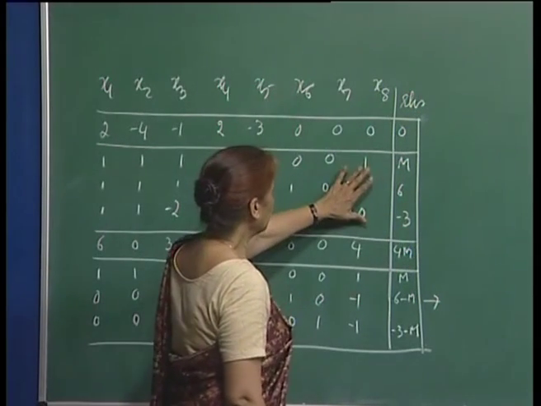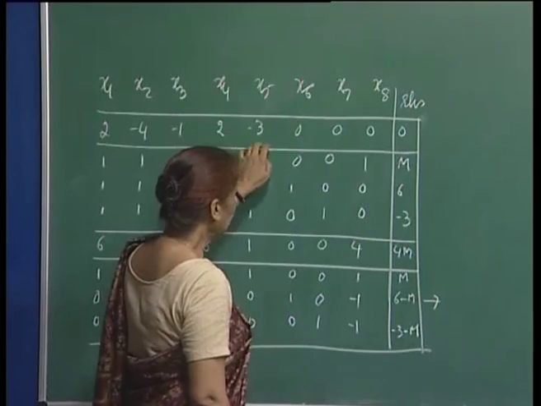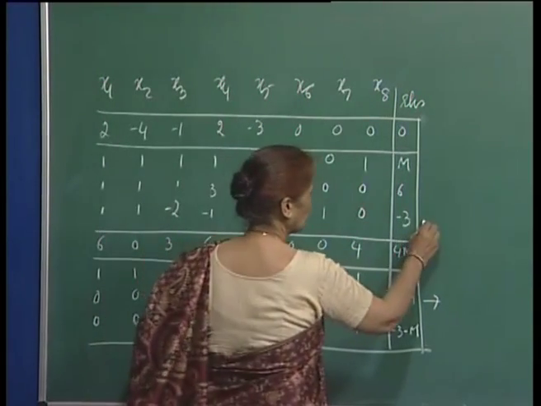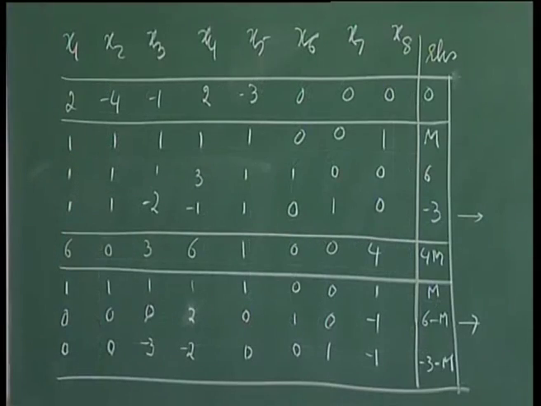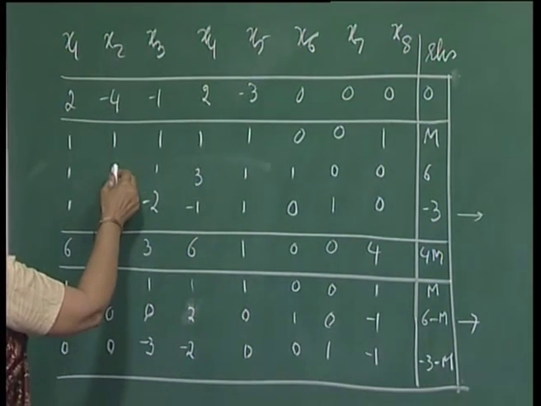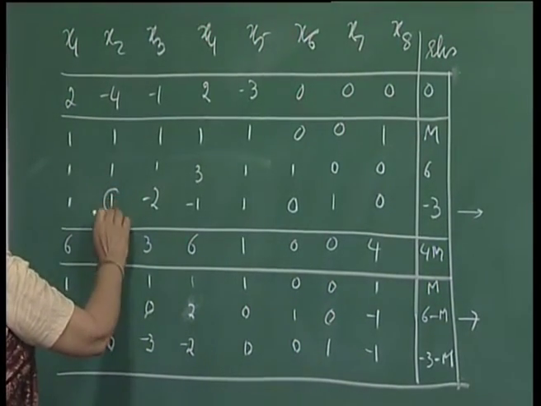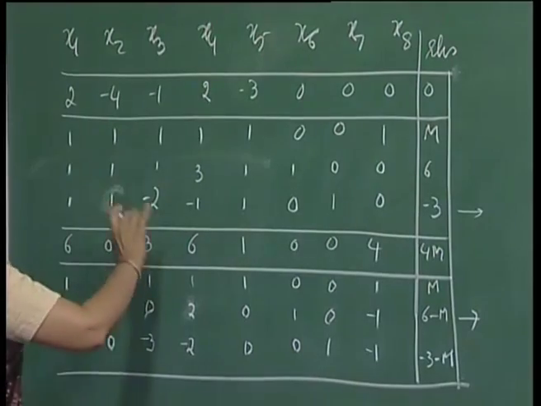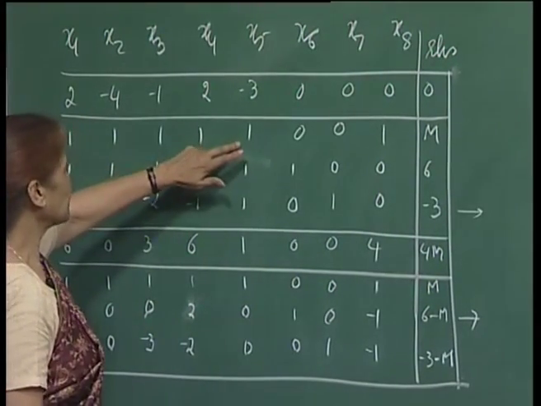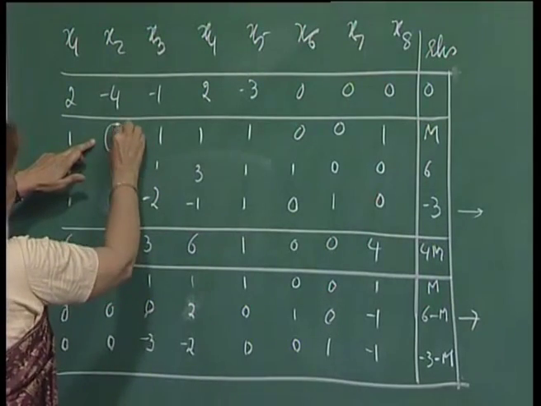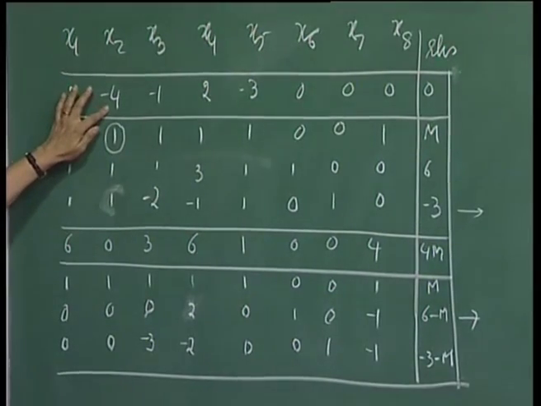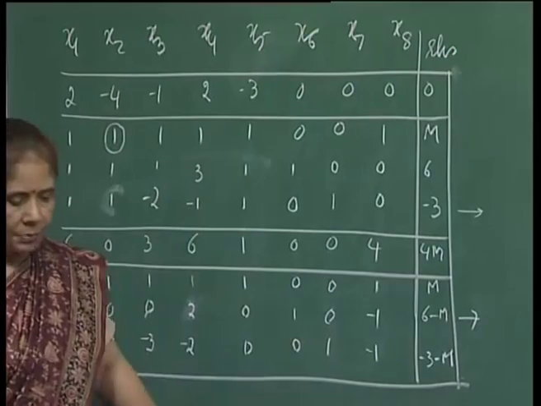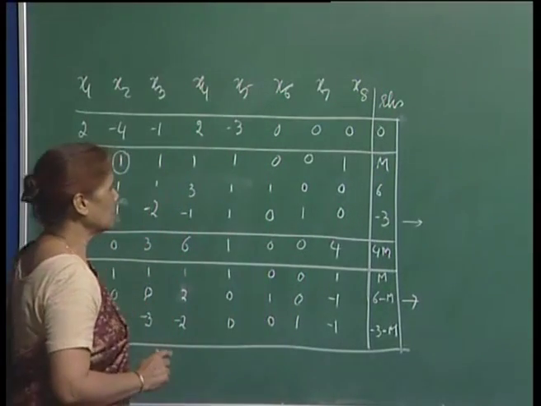This is your outgoing variable, and we pivot on the element corresponding to the most negative Cj minus Zj, so that I first maintain dual feasibility. Remember, the idea is to get a starting dual basic feasible solution.